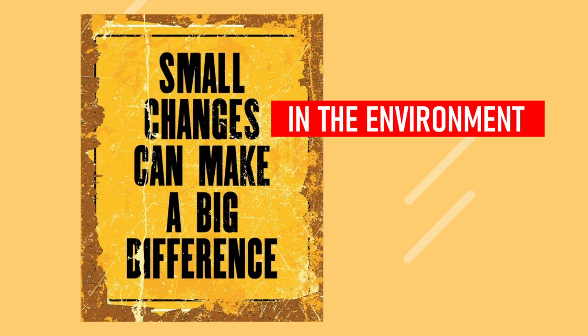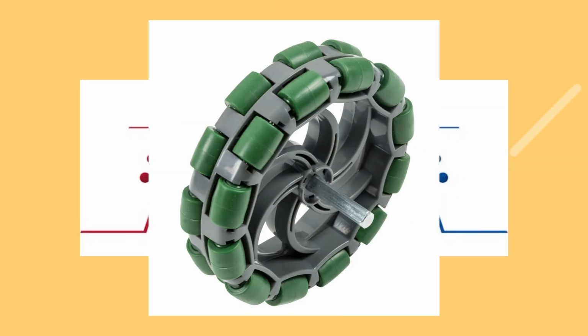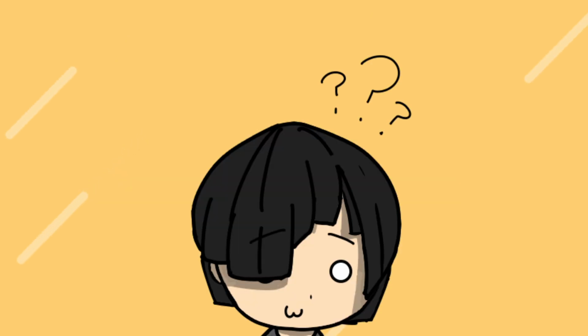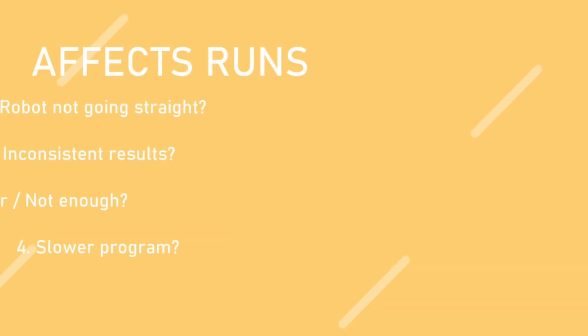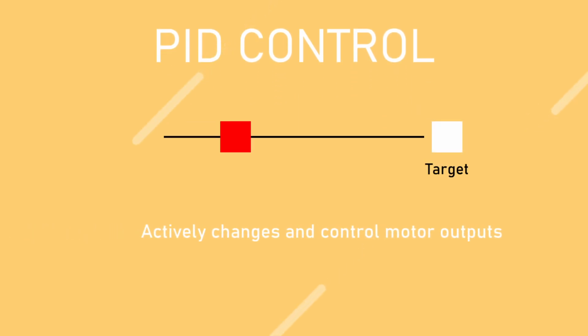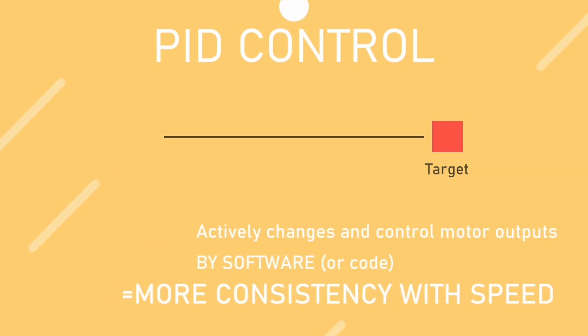Furthermore, these can drastically change with the difference of the environment. Different fields, different temperature, new wheels, and lots of other things can be possibly involved. These problems are critical because it is so easy to affect the runs. So, in order to counter and minimize these problems, PID control is used to actively change and control the output value by software, so that results are more consistent.